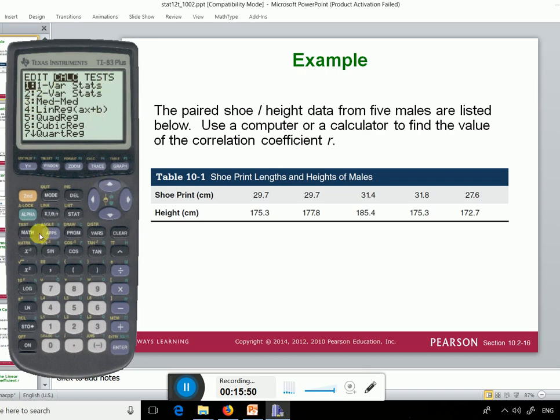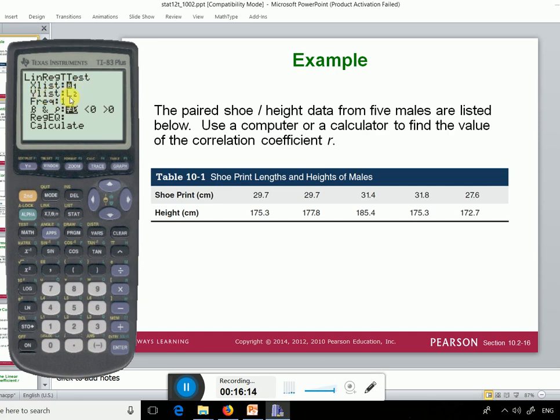Now if we are using the 83, then we go to test here, and you are trying to find the linear regression test here. So click enter and make sure that x is your L1, y is your L2.